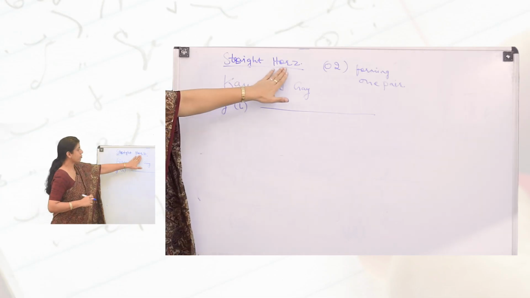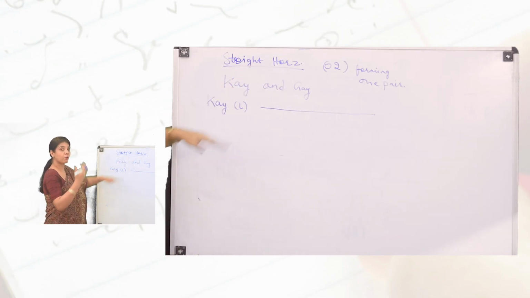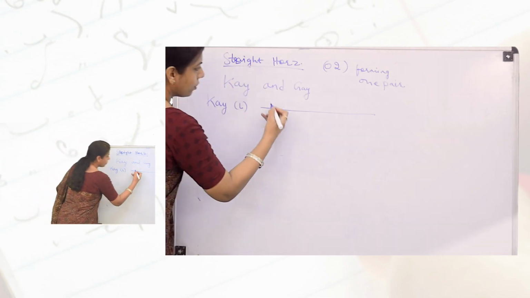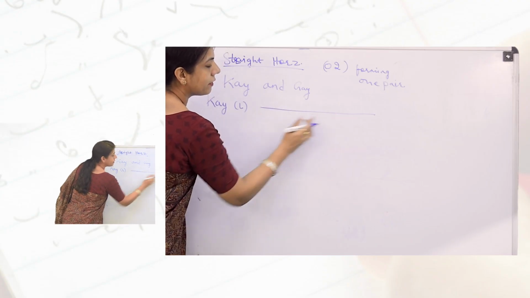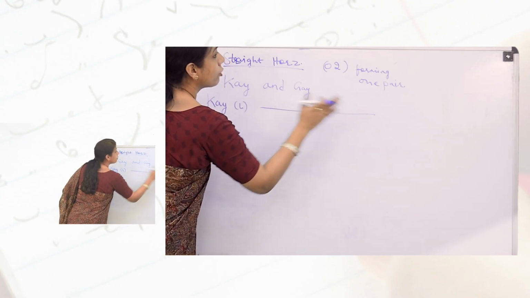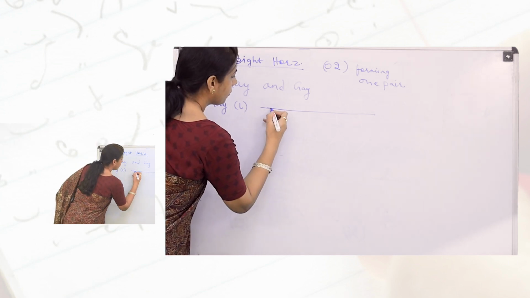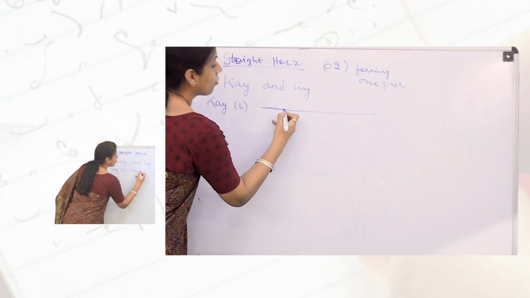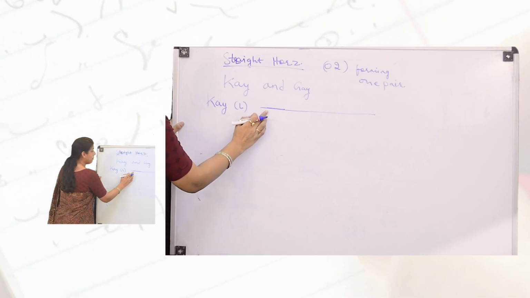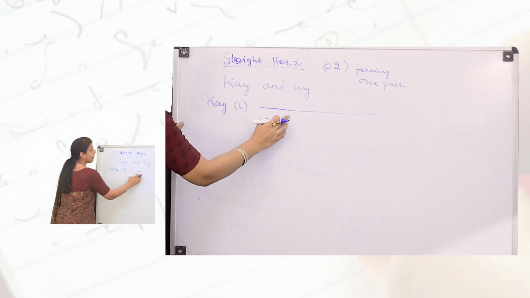Now straight horizontal means a straight line from left to right. So on the line, now the line will be there in your notepad. On the line itself, you have to make a horizontal line from left to right with a light sign.